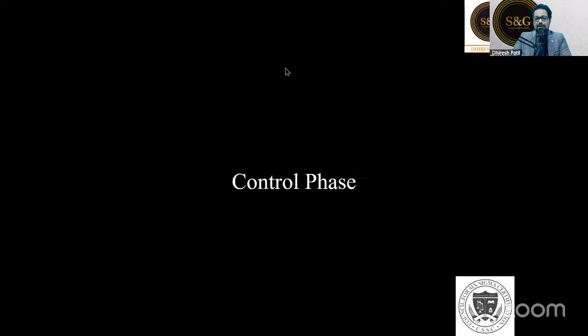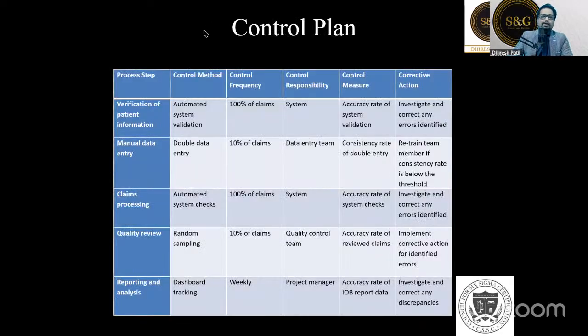So once it is done, then in the control phase, they put a control plan in place. Control plan meaning they put a system in place which will monitor this entire IOB accuracy percentage process.